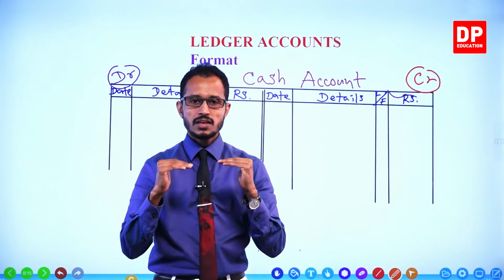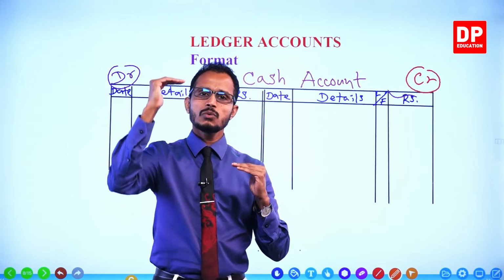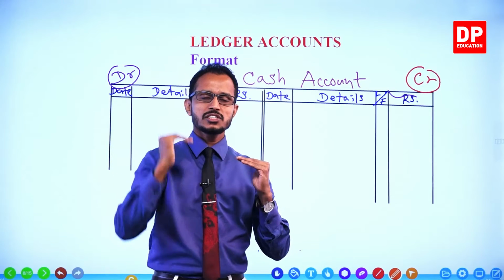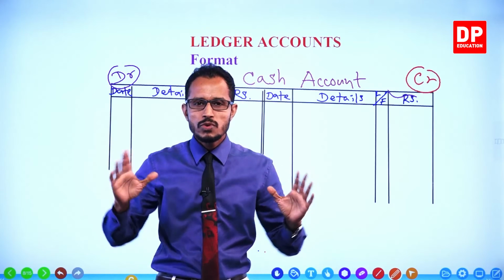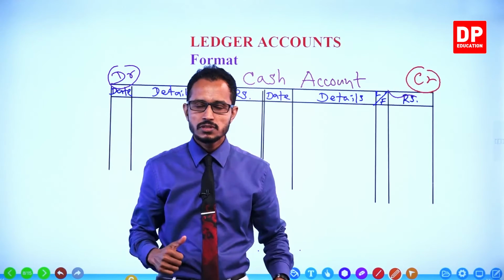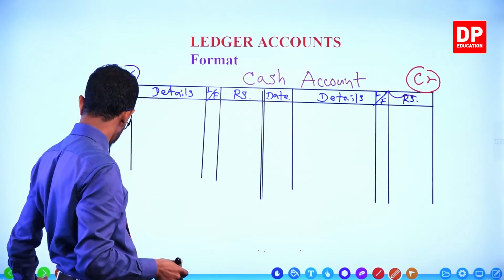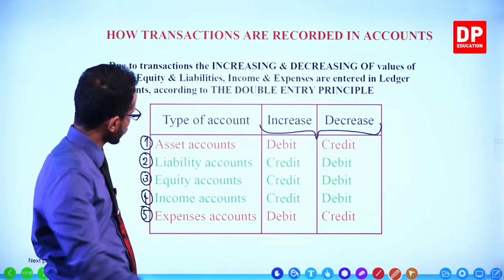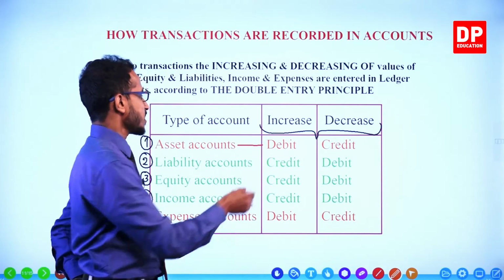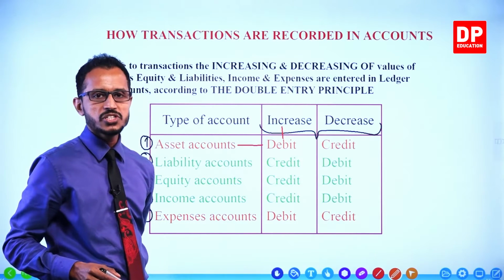So the cash which the business already had has now increased with that amount. Which side to put this 100 in the cash account? Well, you refer to the double entry principle. If it is an asset and if it is an increase, it should be put to the debit side.